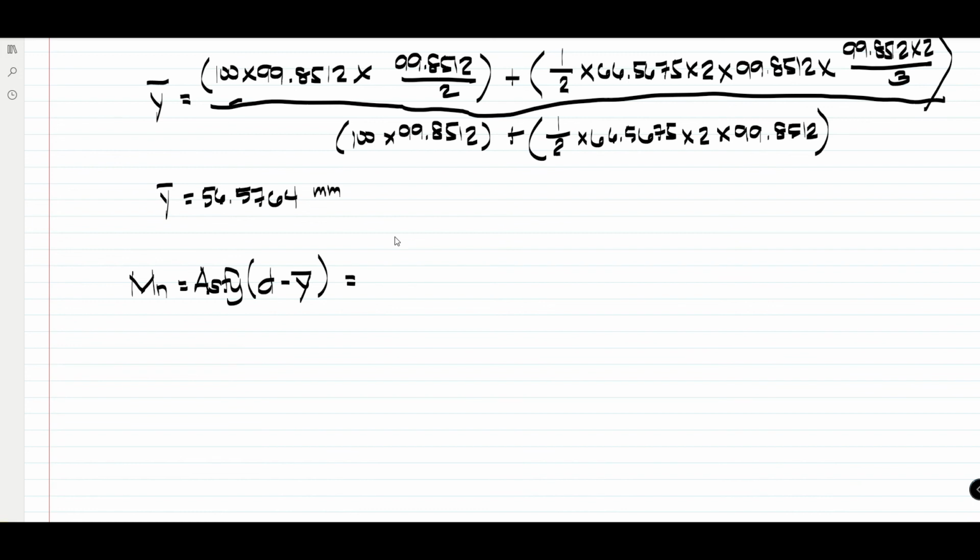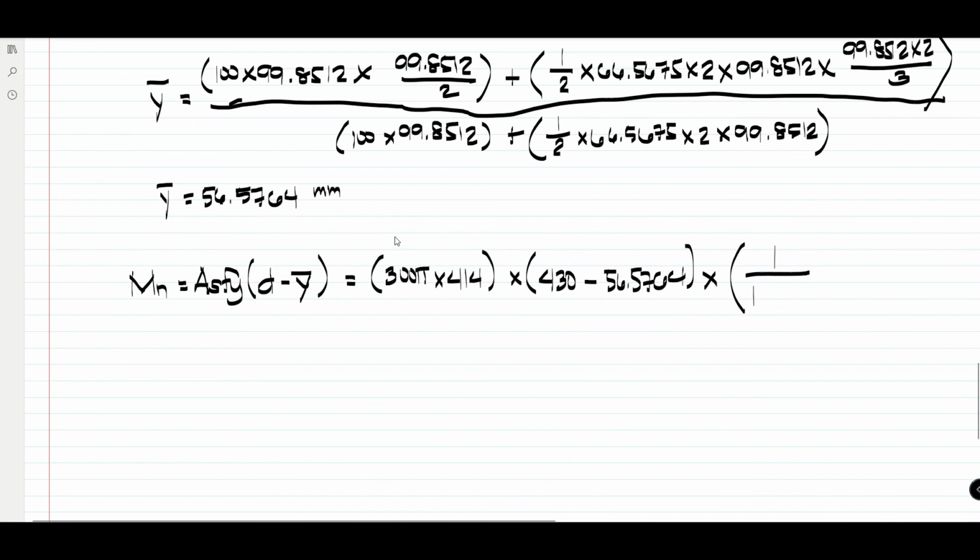So, substituting the value, we have here 300 pi times yung fy natin, which is 414, times yung d, which is 430. I-minus lang natin si y bar, which is 56.5764. And this whole equation shall be multiplied by 1 over 1,000 squared. Kaya natin minumultiply ito ng 1 over 1,000 squared para yung units natin is maging kilonewton meter.